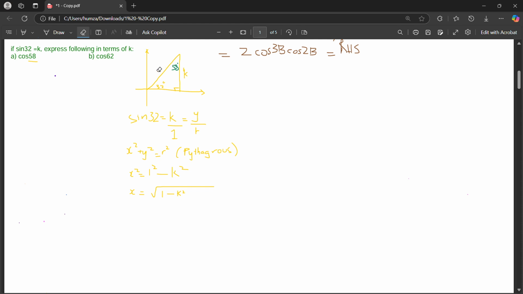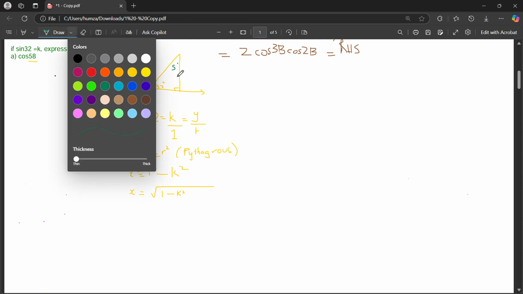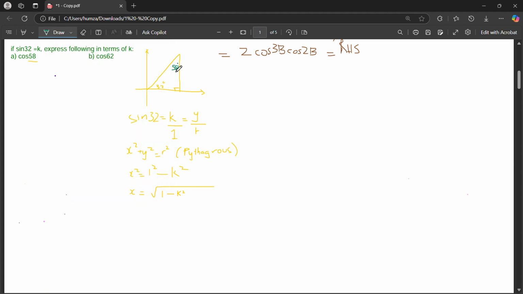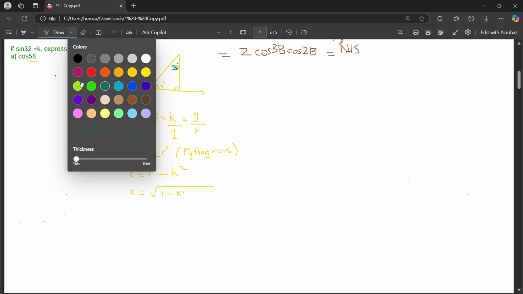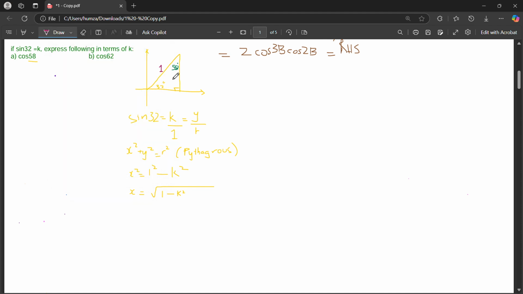Let's just change the color so it's more visible. So this is 58, right? So we said r is equal to 1, y is equal to k, and now the x value, this was the side of the x value. We found out that x is equal to root 1 minus k squared.